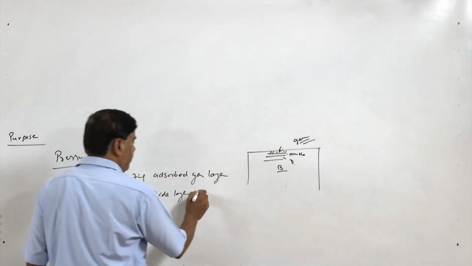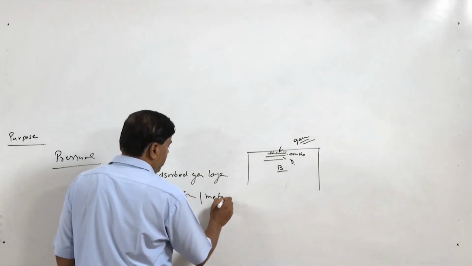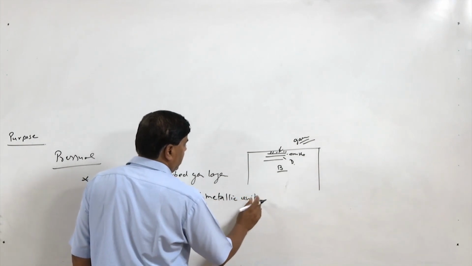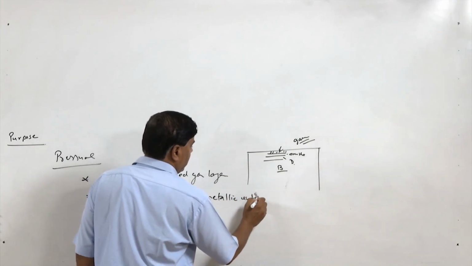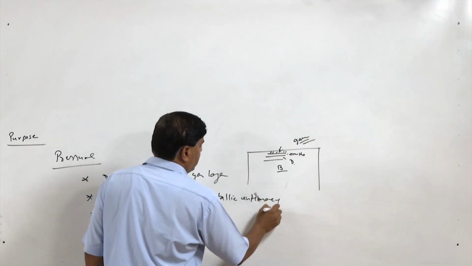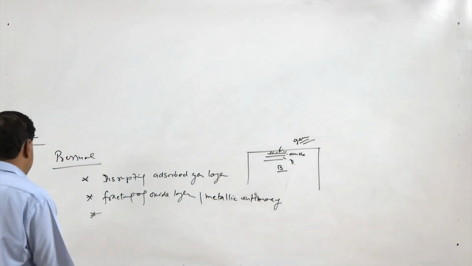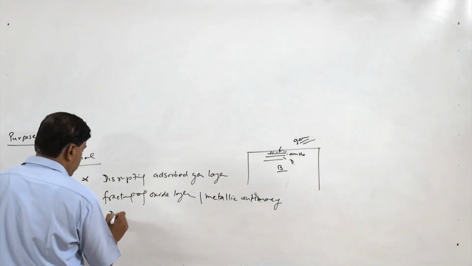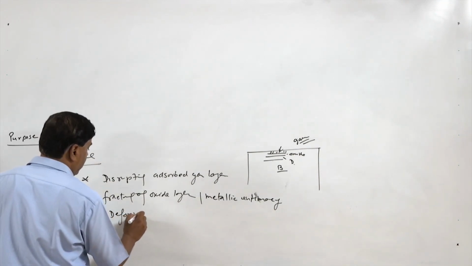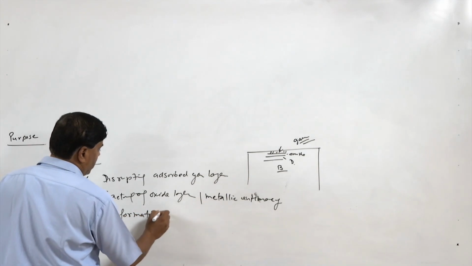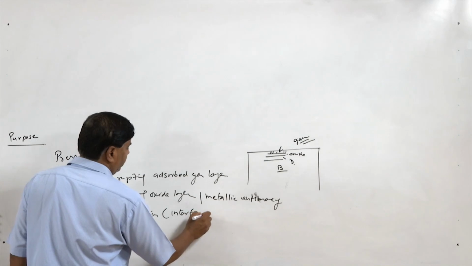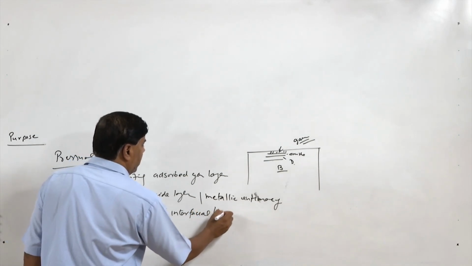So, the metallic intimacy between the faying surfaces is achieved, and one more purpose is to achieve the deformation as per requirement. This deformation may be interfacial or it may be bulk.